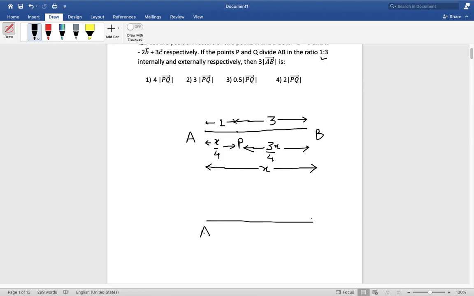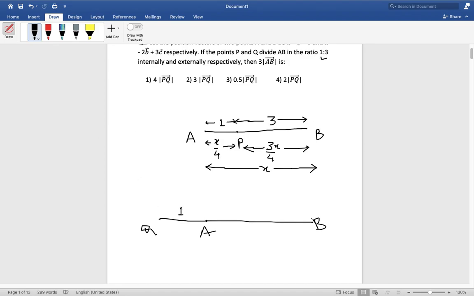So if this is A, this is B, point Q is somewhere around here. Externally means it doesn't lie between A and B, it lies outside of A and B. And internally means P lies within AB.